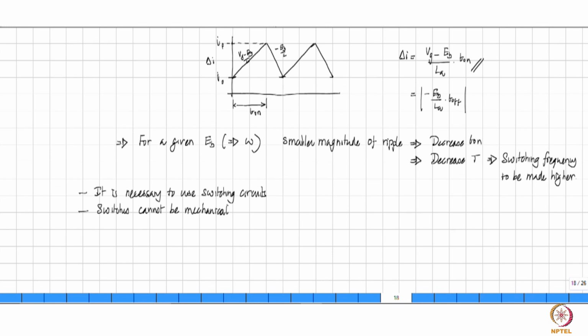So you'll have to go necessarily for electronic switches. Electronic switch. Okay. Preferable to have higher switching frequencies.